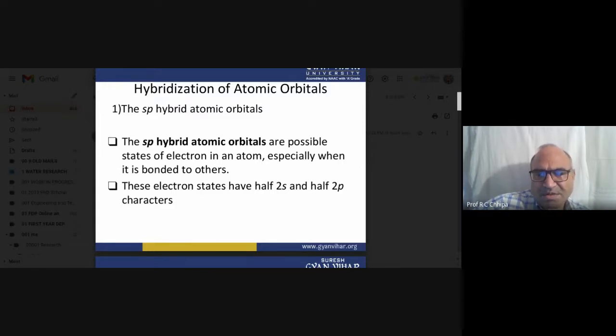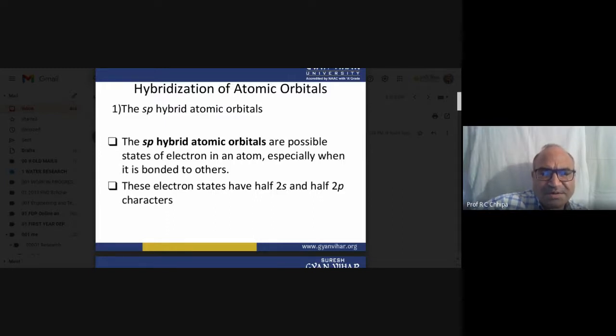So here, the electronic configuration of the carbon atom we have already discussed. So let's start with the sp hybrid atomic orbital. In the case of sp, one of the 2s atomic orbitals of carbon combines with the 2px atomic orbital of the carbon, leaving the 2py and 2pz atomic orbitals.